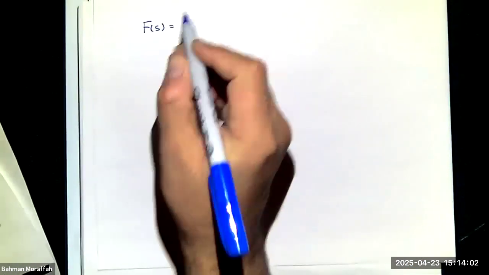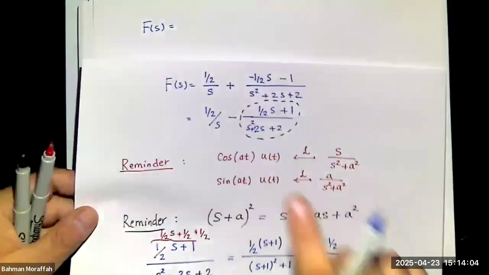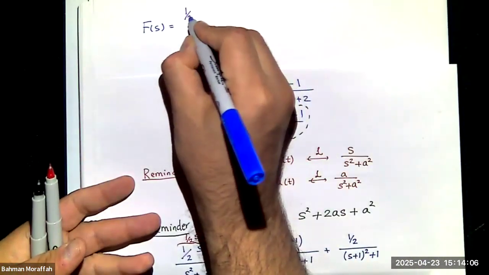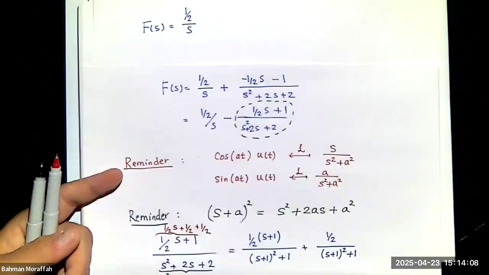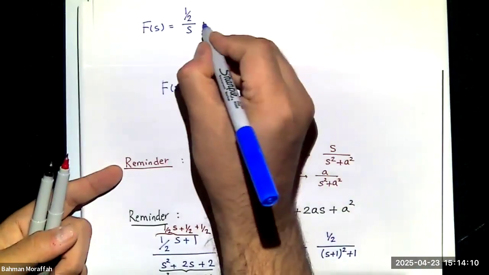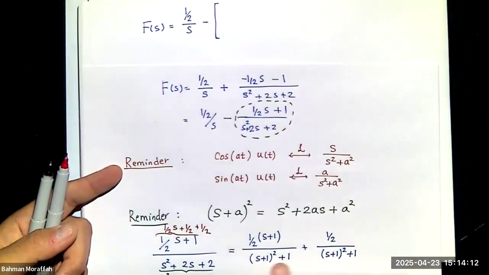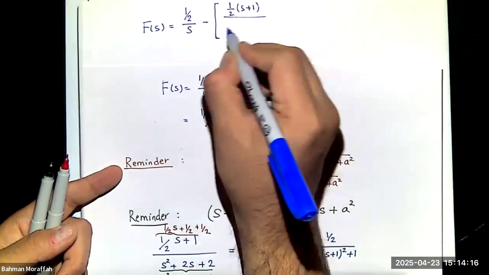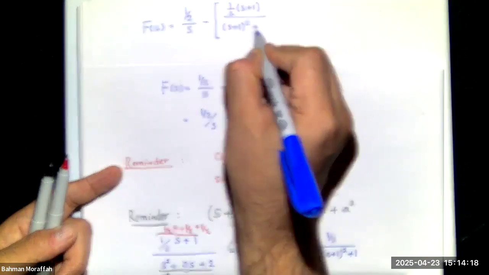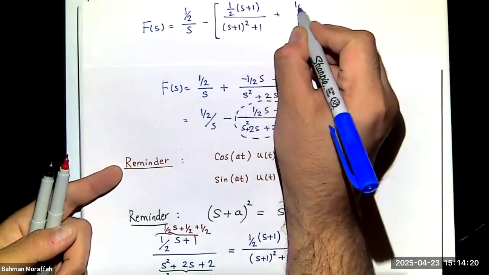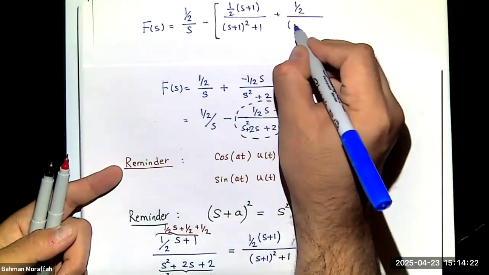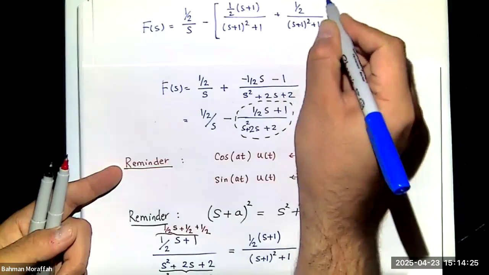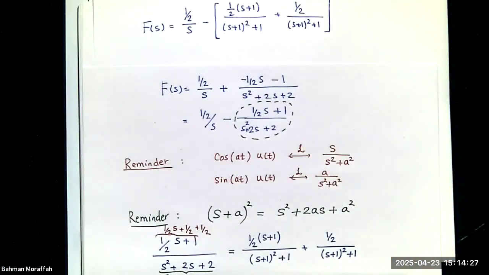F of s is half over s, we rewrote this as minus half (s plus 1) divided by (s plus 1) squared plus 1, plus half divided by (s plus 1) squared plus 1. Right?